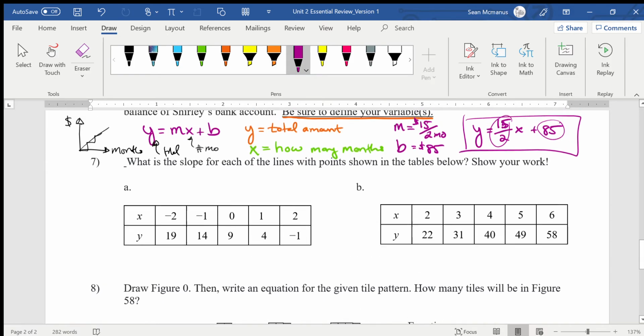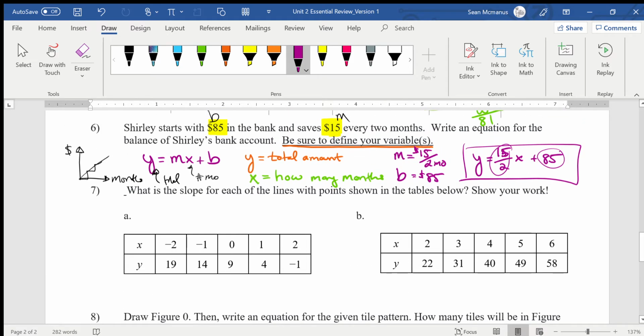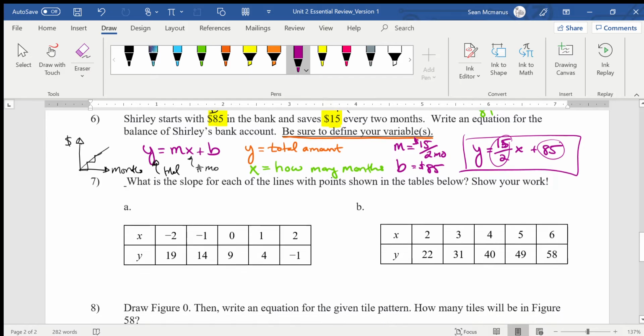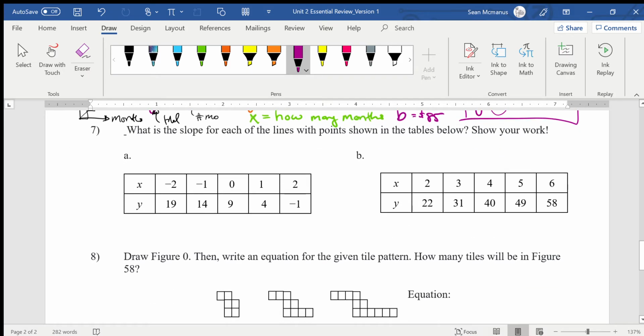Okay, number 7, let me put that there for one more second. Number 7, what is the slope for each of the lines with the points shown in the table? Show your work. So this is really important that we're able to show our work. So remember our slope, I'll write it up here.